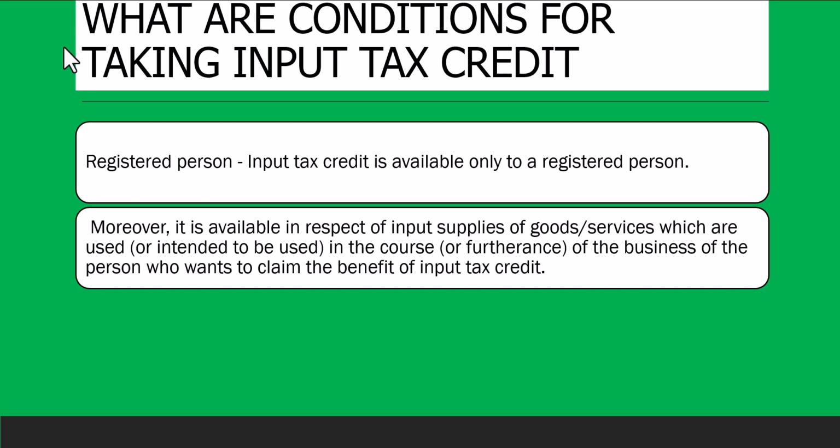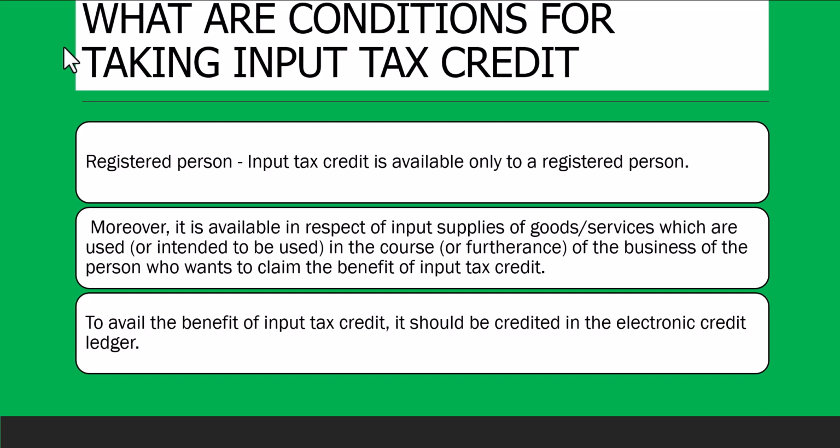So all these become your inputs. Only if you are using it in the course of business or for furtherance of your business will you be entitled to the benefit of input tax credit. Otherwise, not. If you use this for some other purpose, then you are not entitled to the input tax credit.